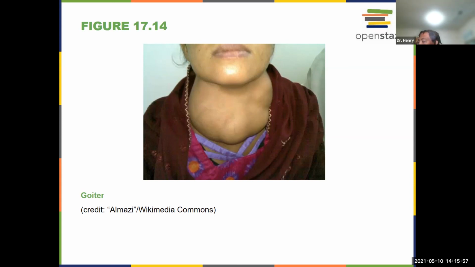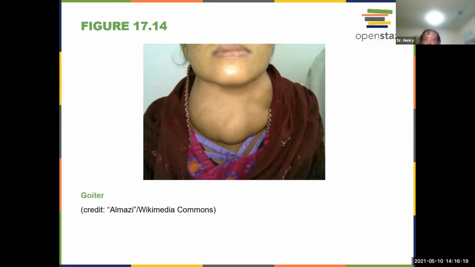In that situation, a child is going to be born with cognitive function issues. They're going to have short statures. They're going to end up with deafness, muteness, and that could be a result of not having enough iodine in their system.